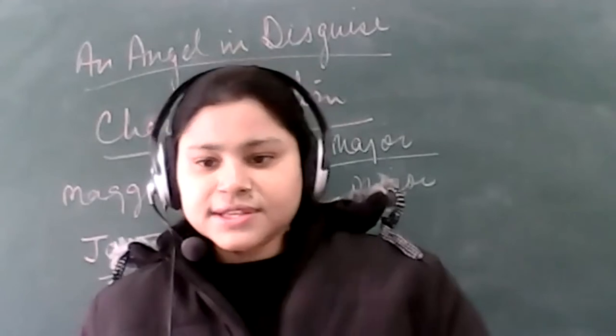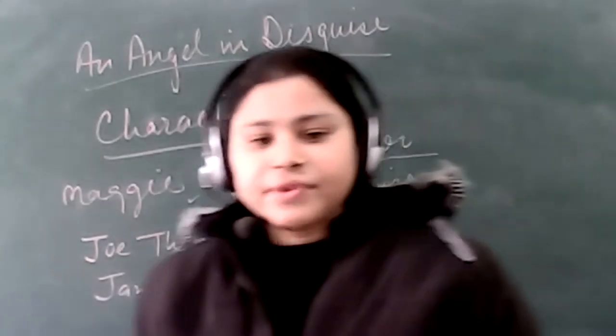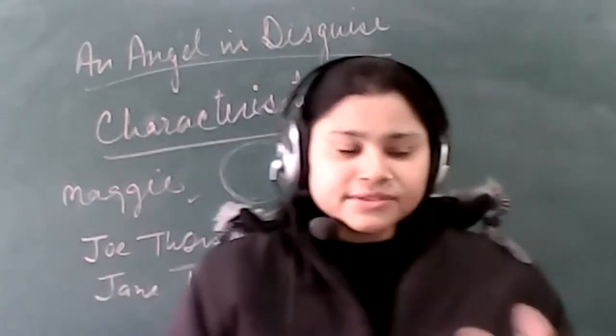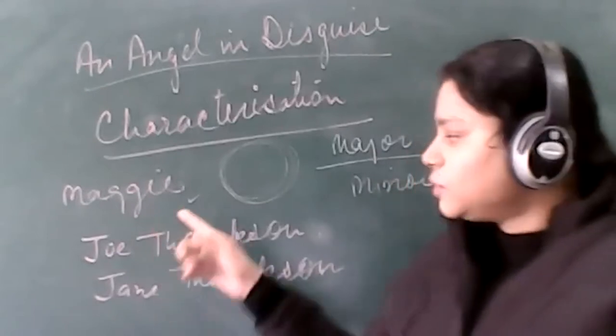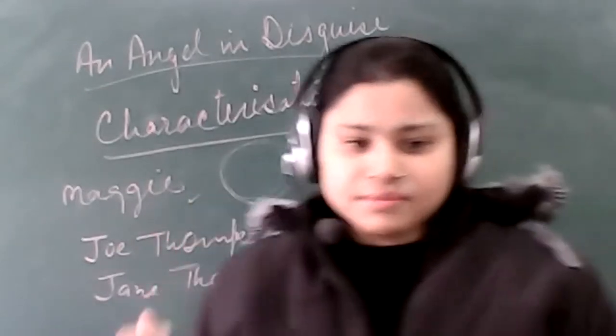So, like that, we can see that the description given by the different characters in the story is somewhere given about the major character, which is Maggie.